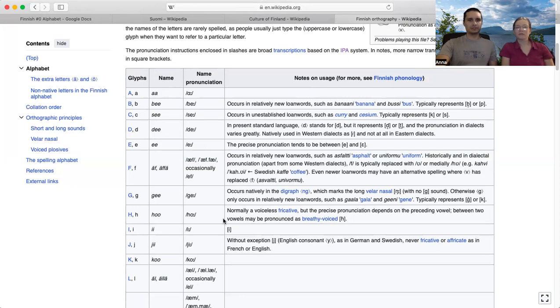C is se, and it's also used mostly in loan words like curry and cesium.